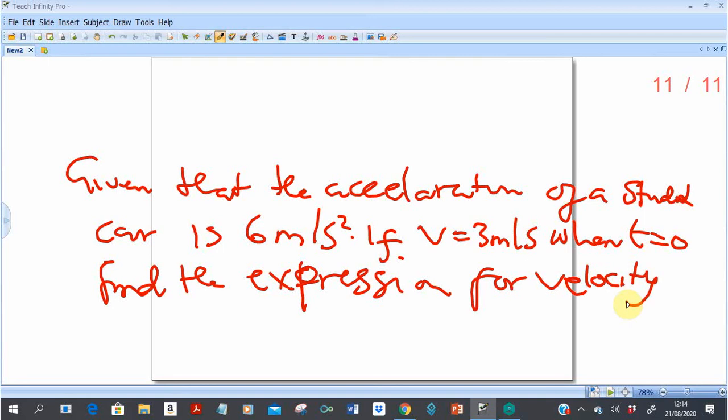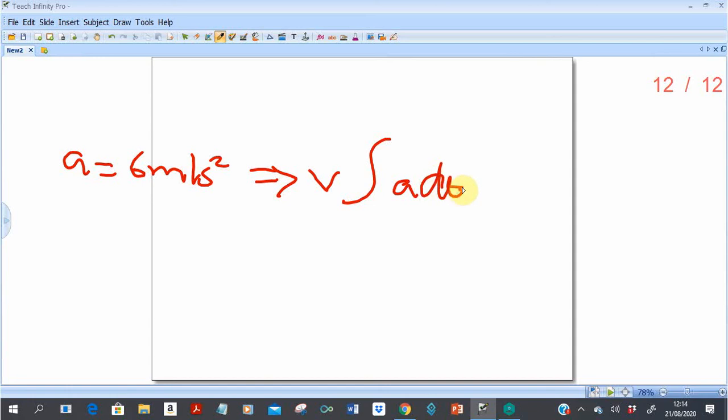Okay, so we are given acceleration to be 6 meters per second squared. This implies that velocity is the integral of acceleration with respect to time, which means V is equal to the integral of 6 dt.